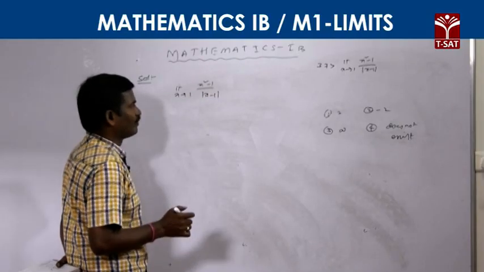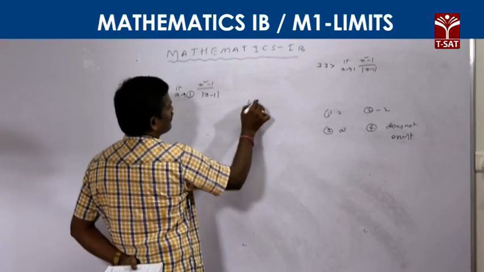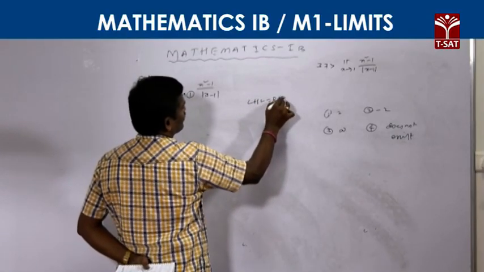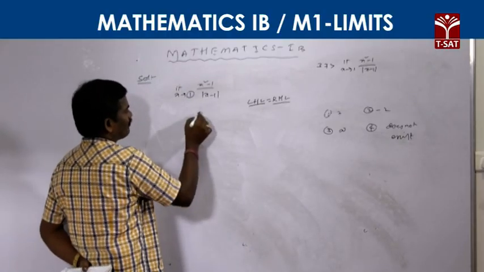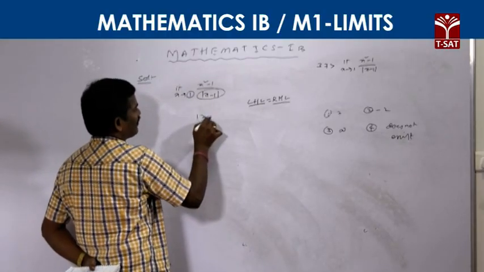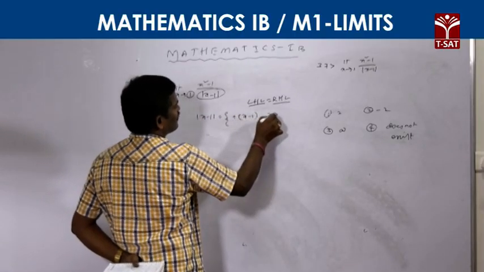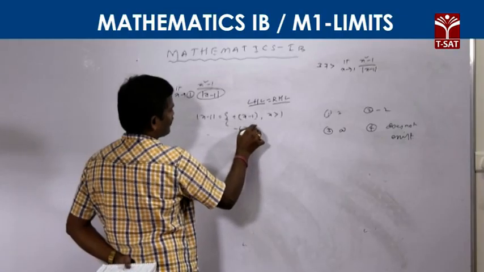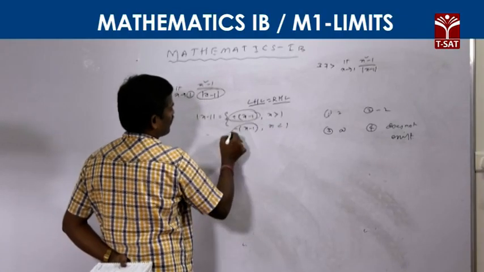If I want the limit to exist at 1, then the left hand limit and right hand limit both must be same, then only it exists. But here we have mod of x minus 1. So that is nothing but what? Plus of (x minus 1) if x is greater than 1, minus of (x minus 1) if x is less than 1.